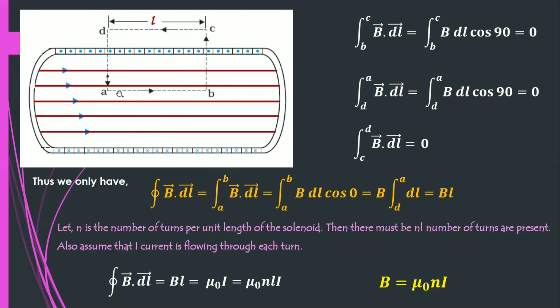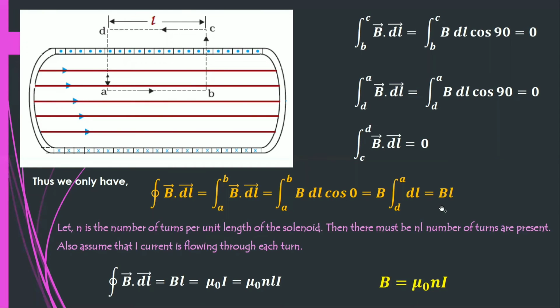Here the angle between B and dl is 0, so B dl cos 0 is B dl, and if the distance from A to B, or D to C, is L, we have B dot dl equal to BL.